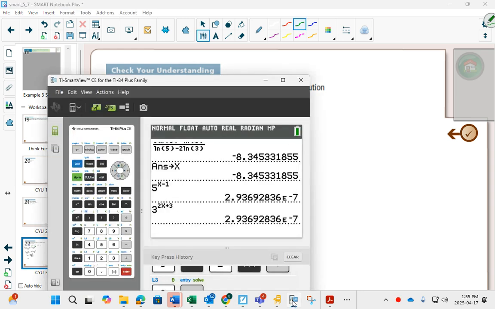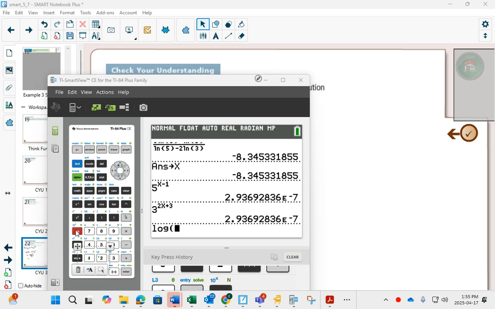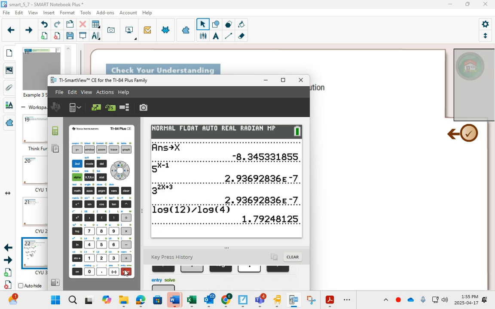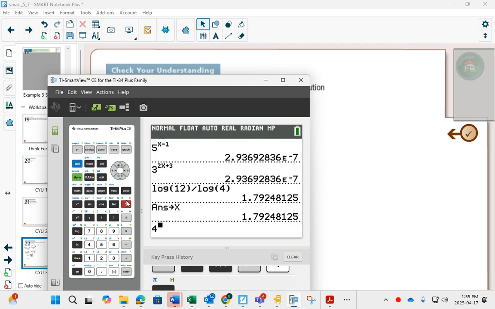And I can take out my calculator, log 12 divided by log 4. 1.792, I can store that as x, and I can check if 4 to the x is 12.